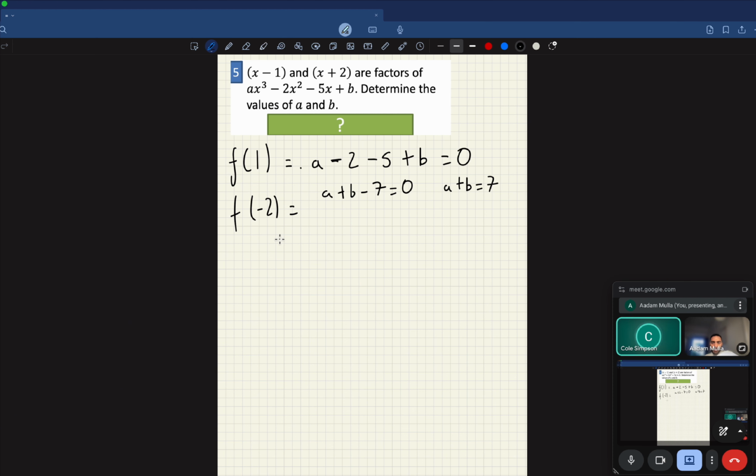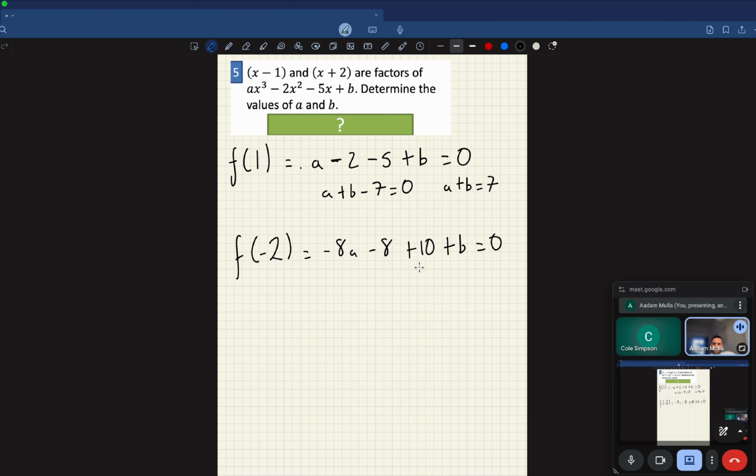Yeah, that's the same. Okay, tell me when you've done that next one. That's what I got for the next one. I haven't simplified it yet. Yeah. Okay, so I get minus 8a plus b minus a plus 2, so minus 2.